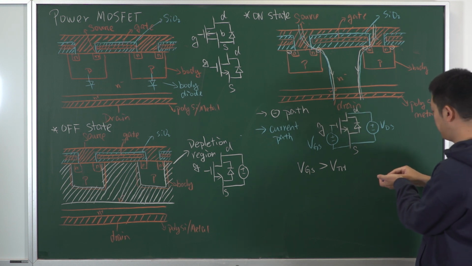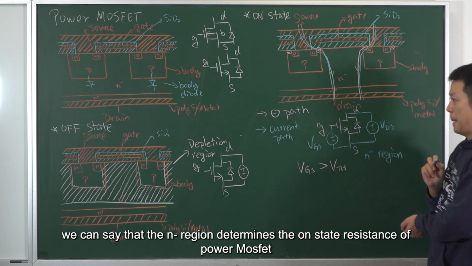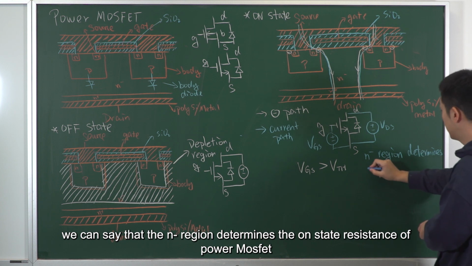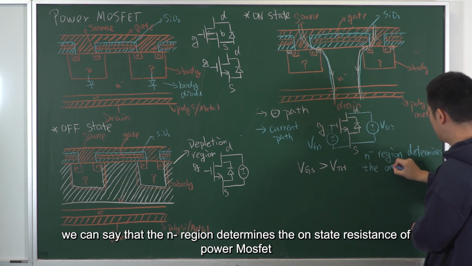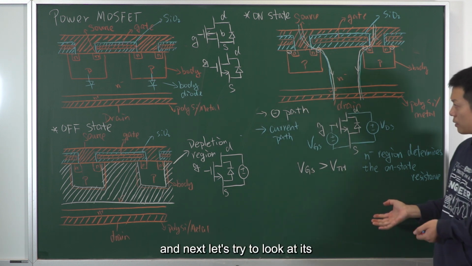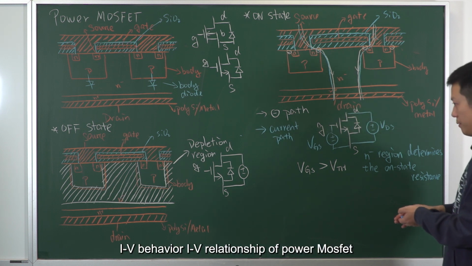So basically, we can say that the N minus region determines the on-state resistance of the power MOSFET. Okay. And next, let's try to look at its IV behavior, the IV relationship of the power MOSFET.